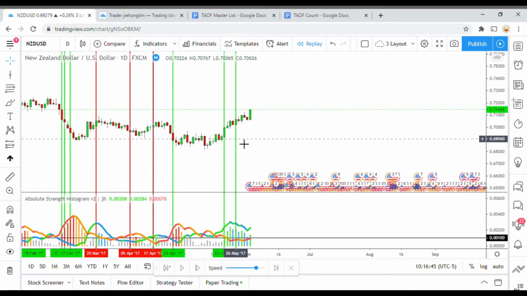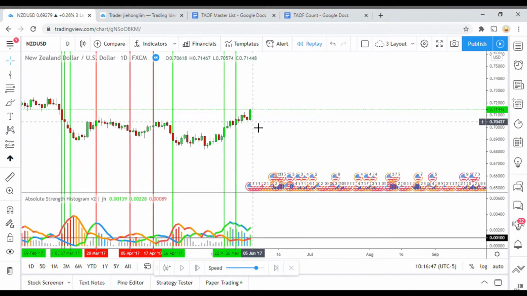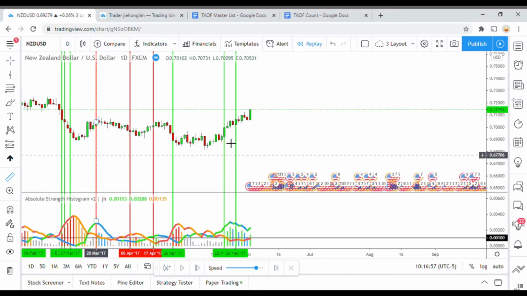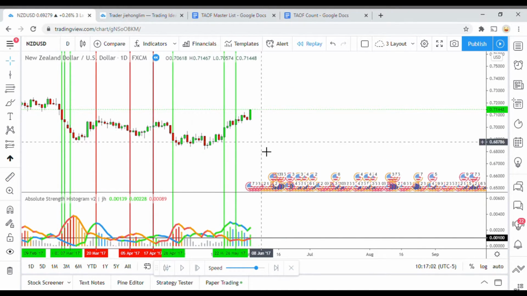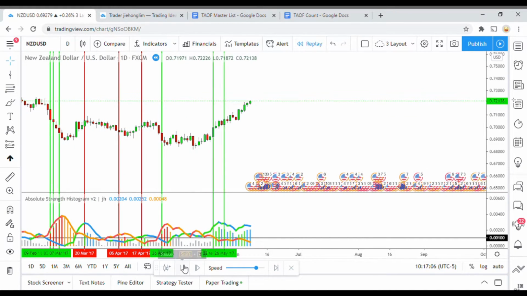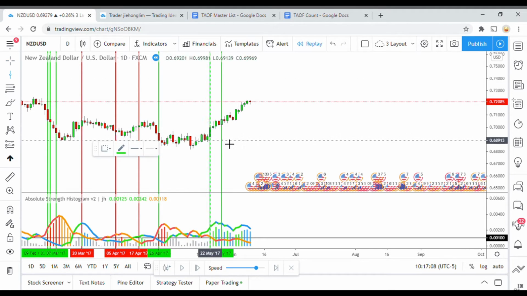Then we would have picked up that long signal right there. And that would have gotten us to take profit. Let's see where we would have been. Right there on that one. Then this big bar right here would have been a continuation, and another good trade.